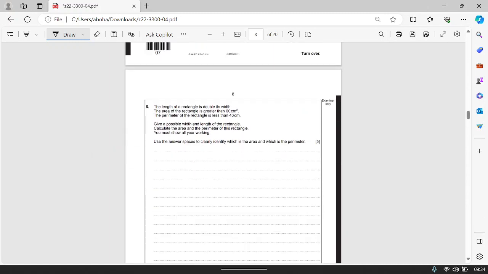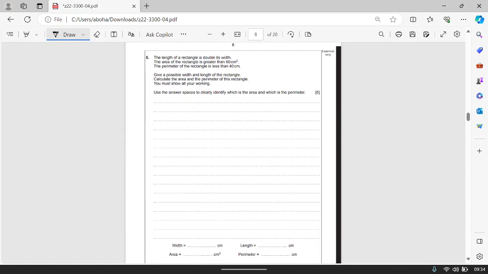Right then, question 5. The length of a rectangle is double its width. So we know that the length is 2 times its width. The area of the rectangle is greater than 60 centimeters squared.